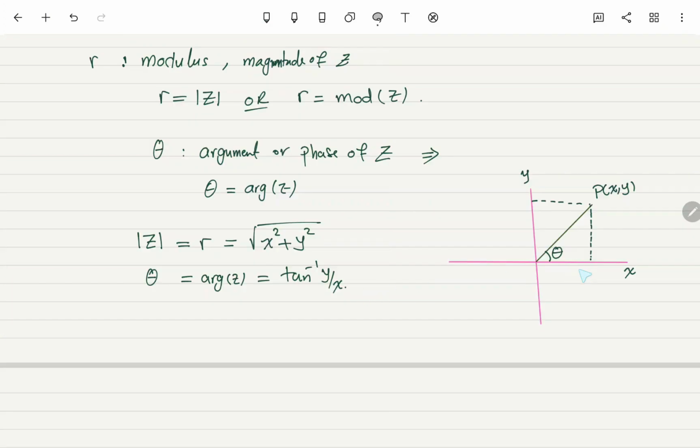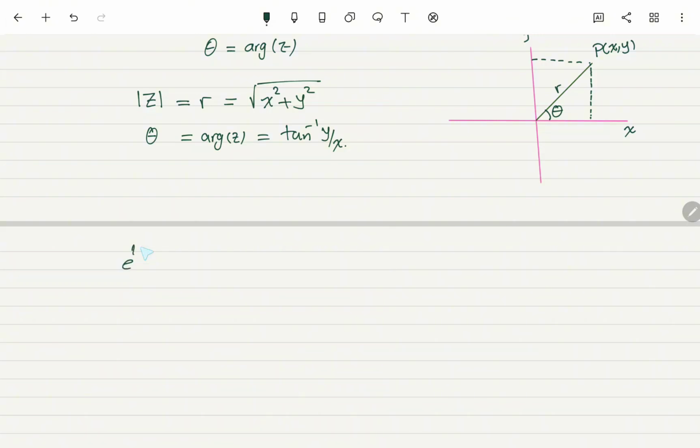We just used this figure in here to find the magnitude r, which is this one here, and tan theta is equal to y over x.